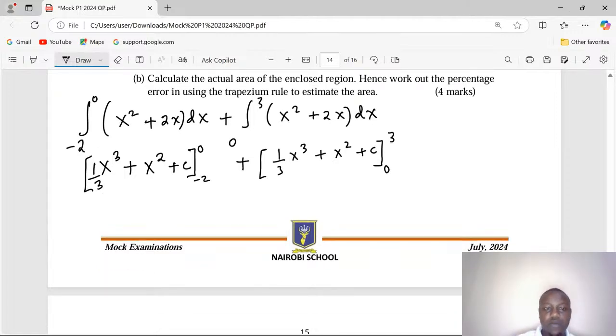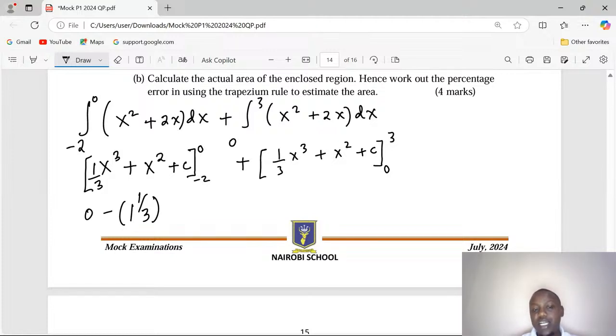From 0 to 3. When we substitute 0, we're going to get 0, then minus when we substitute negative 2, we are going to get 1 and a third. Remember, in the first substitution, we are getting 0 when we substitute 0, minus when we substitute negative 2.